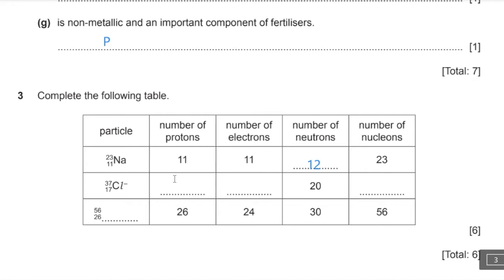The number of protons is equal to the atomic number, which is 17. Since this has a charge of -1, this chloride ion has one extra electron, which gives it the number of electrons 18. The number of neutrons is 37 minus 17, which is 20.